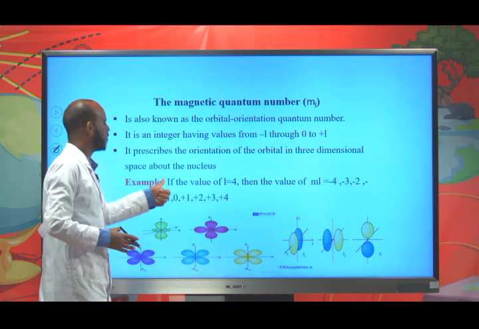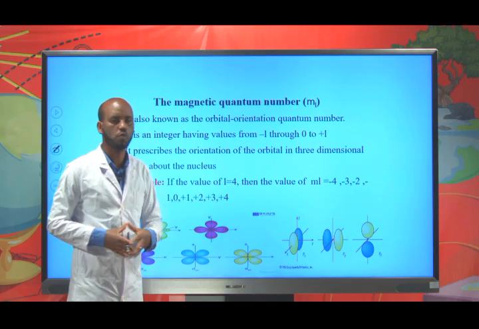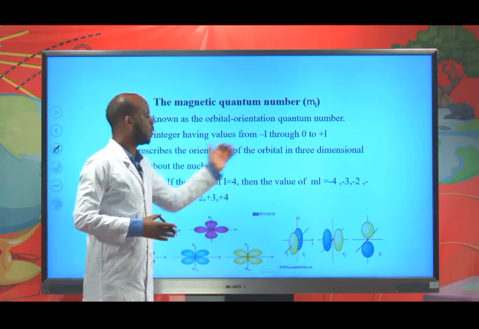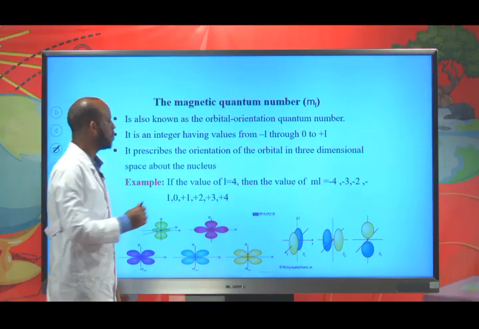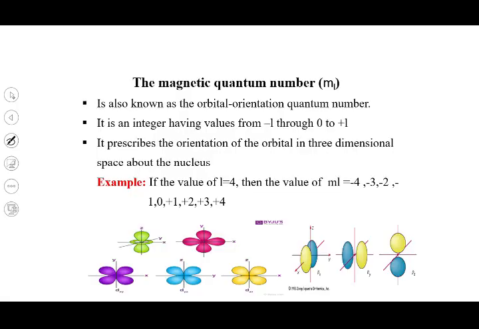For example, if the value of L is equal to 4, then the possible values of ML are from minus L through 0 to plus L: minus 4, minus 3, minus 2, minus 1, 0, 1, 2, 3, 4.